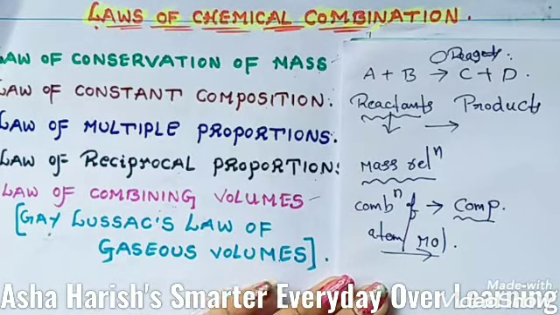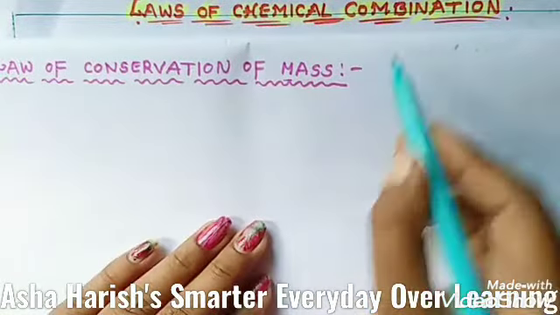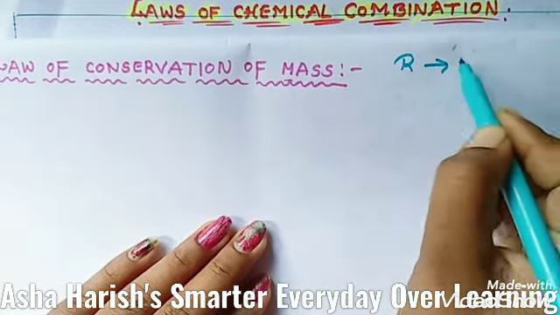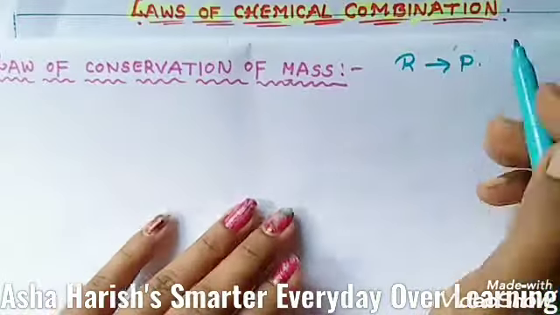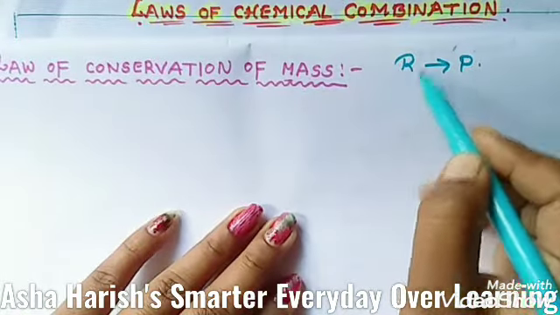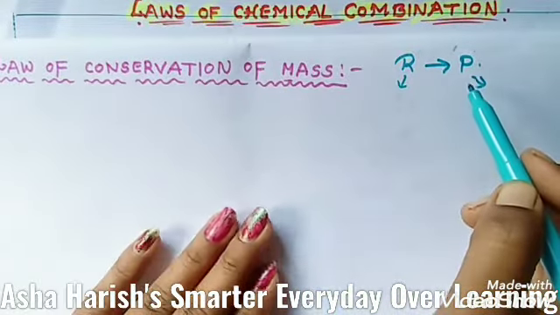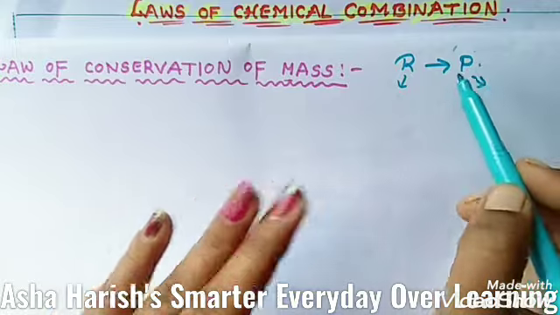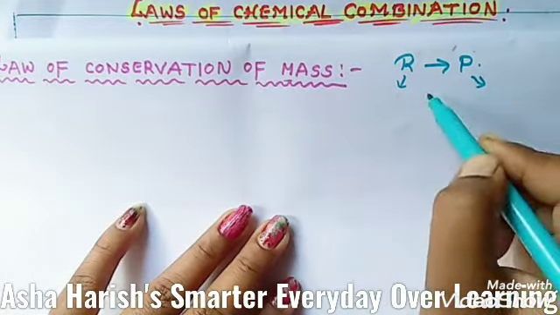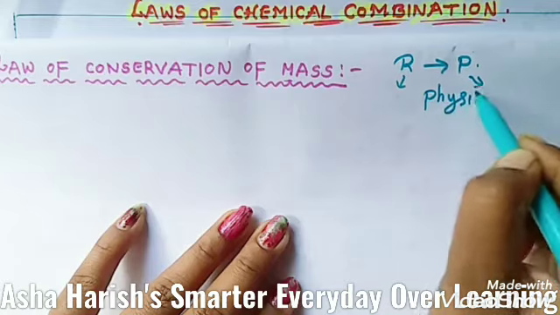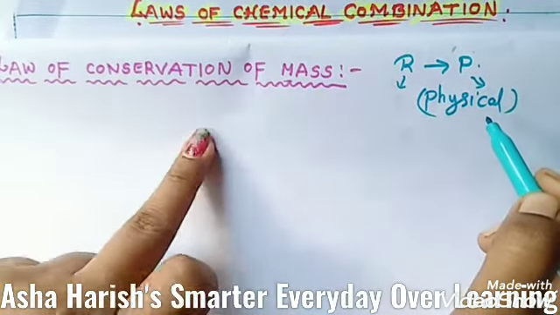The first one, the law of conservation of mass. This law deals with the masses of the reactants and products of a chemical reaction. In a chemical reaction there must be reactants as well as products; without these two there is no chemical reaction. This applies to physical change also, which you are going to study in this law.